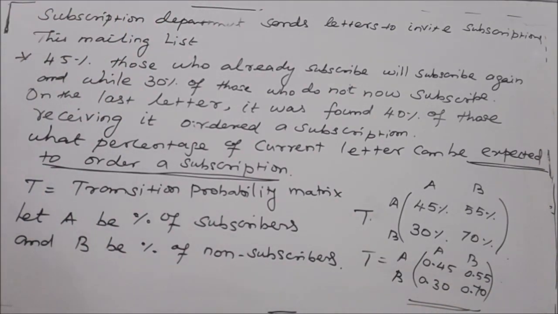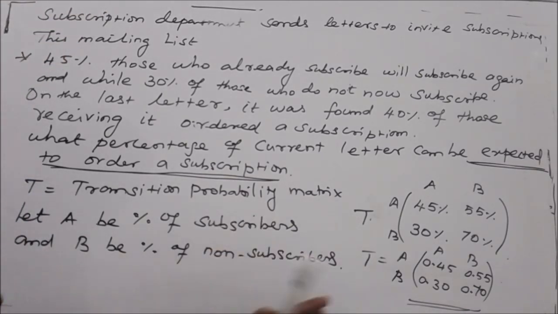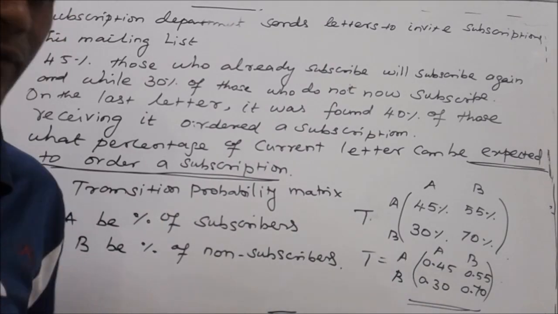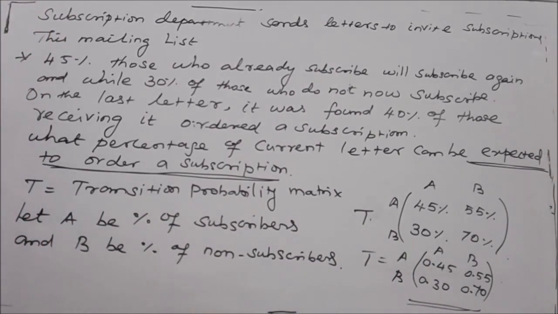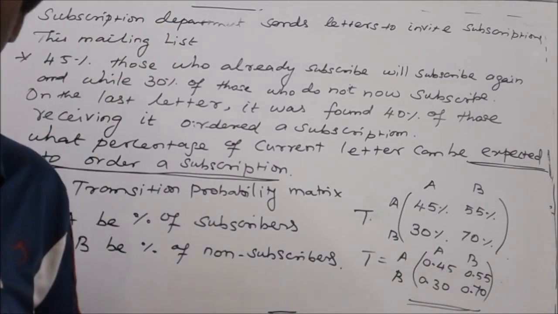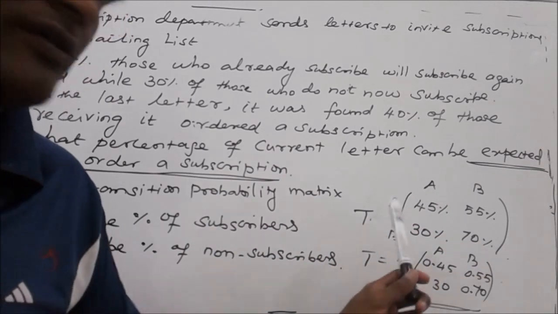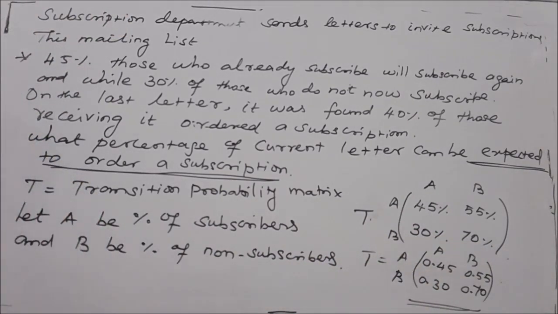You should give more care while calculating the transition probability, because in the further steps we are multiplying only the transition probability to find the answer. If you commit mistakes in the transition probability, your answer will be wrong. So take more care while calculating the transition probability here.